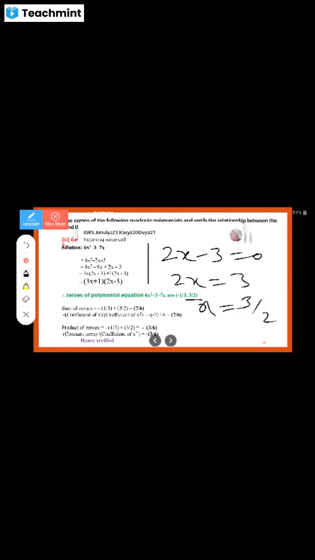Sum of zeros is what? Minus 1 by 3 plus 3 by 2. So what is LCM? LCM is 6.